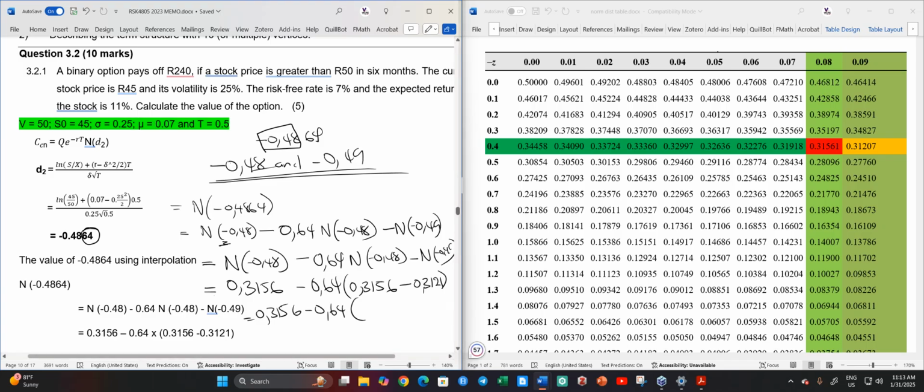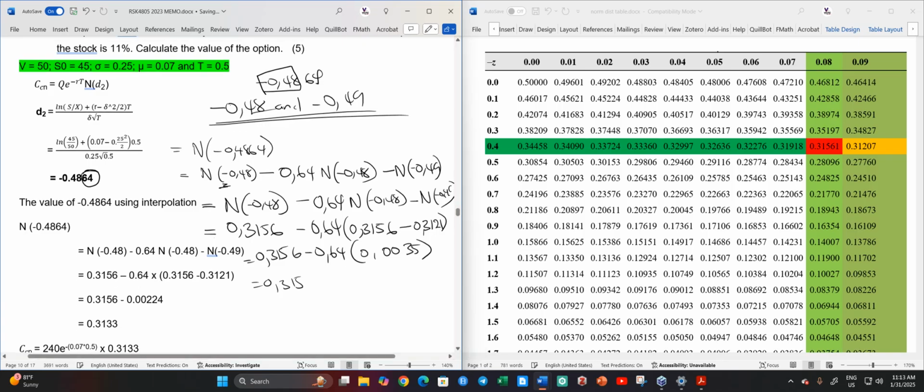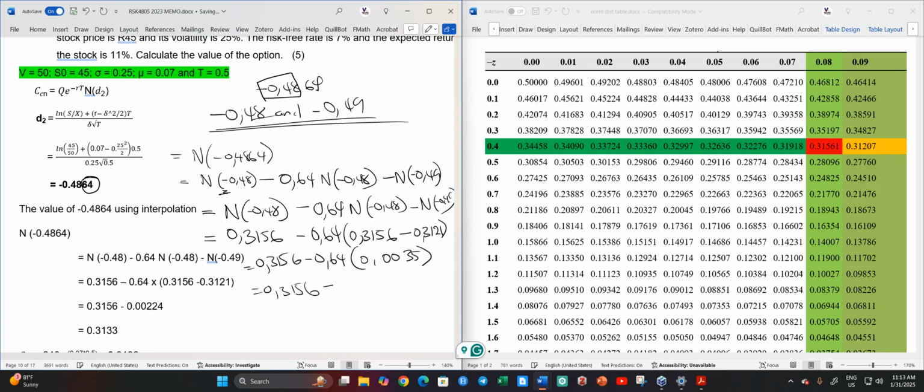I'm getting 0.0035 like that. And then I have 0.3156 minus, we multiply 0.64 and 0.0035, right?